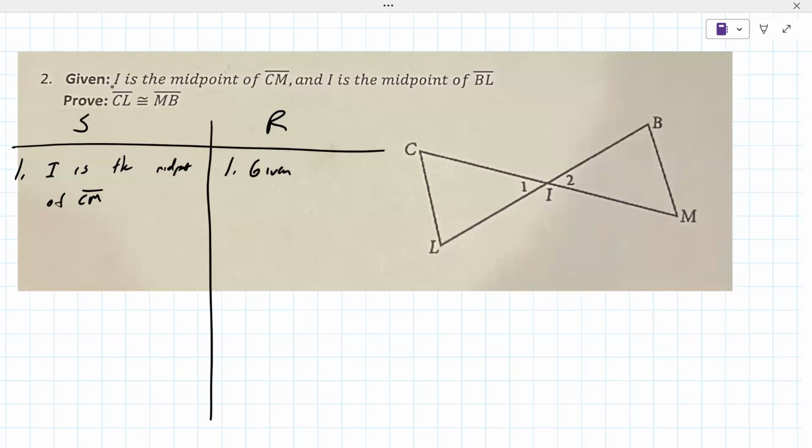Now we're only going to write the first given to start. The other type of proofs that you will work on here is where a statement leads to another statement. How do you know when there's not two givens? Well, I'm just separating them there.